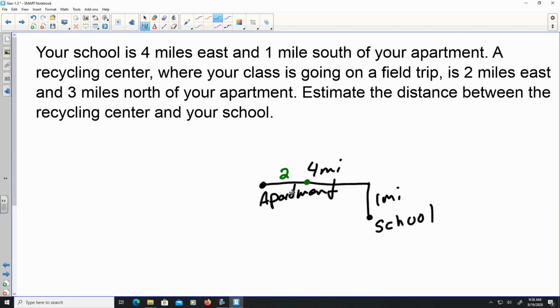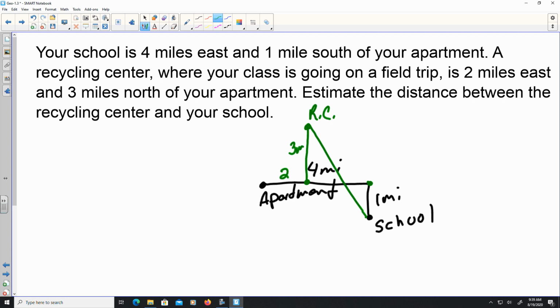And 3 miles north of your apartment. So this is that recycling center. They want you to estimate the distance between the recycling center and your school. So they're looking for this portion right here.